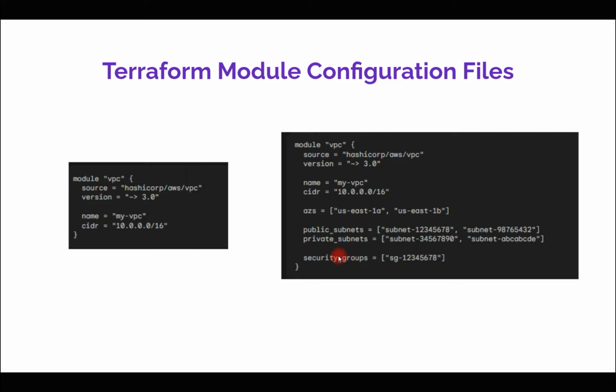Everything we can define in this module, and we can use this module as a function. So we do not need to write the same information again and again. We can use the module configuration file along with our Terraform file, and it helps us perform our tasks easily and rapidly.